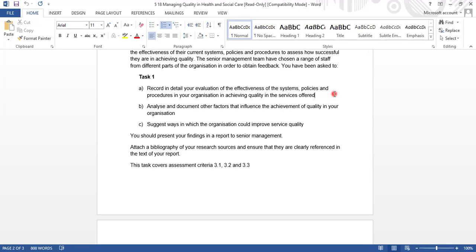So you can talk a bit about what services you offer, what policies, systems, and procedures there are, and then talk about their impact. Let's say if you're talking about a policy of recruiting, you can find research articles that talk about how recruitment should be done, and what happens if the quality or effectiveness of recruitment is not sufficient.